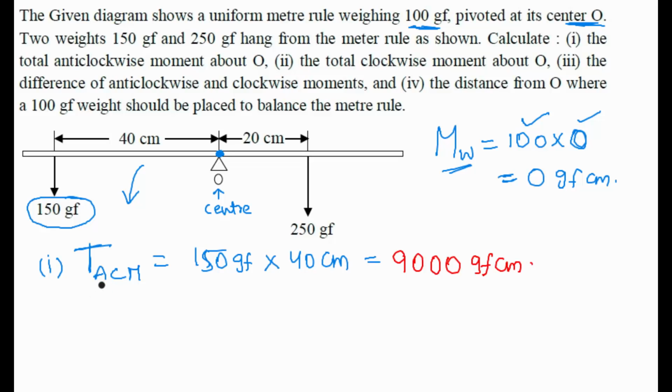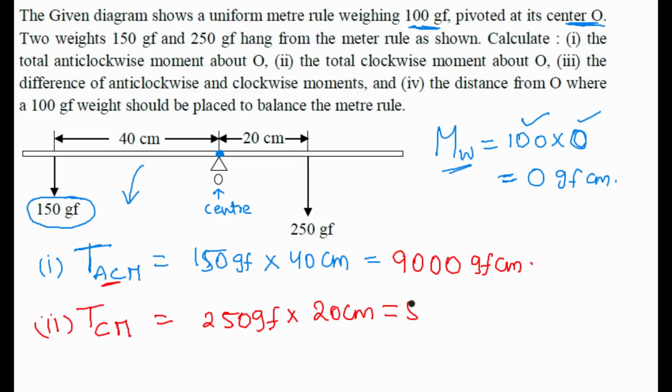This is the anti-clockwise moment. Now second, the total clockwise moment will be equal to 250 GF into 20 centimeter, which is equal to 5000 GF centimeter. Now the first question is over, the second question is over.